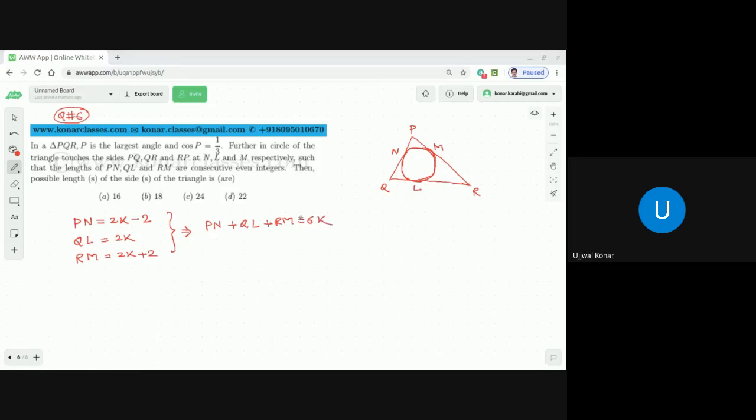Correct, no? Now, if you look into this, PN is equal to PM as well. Correct, no? So what we need to find is the possible lengths of the sides of the triangle. That we need to find out.